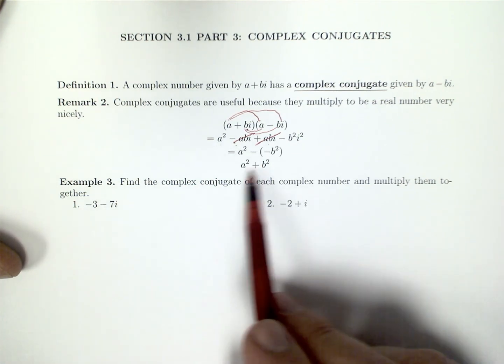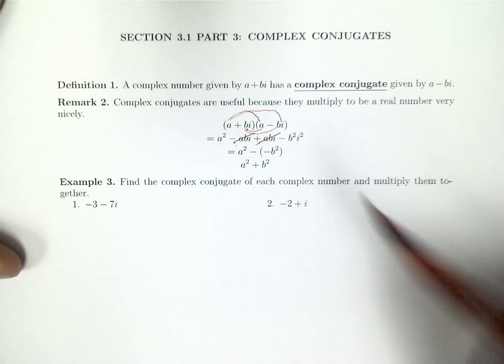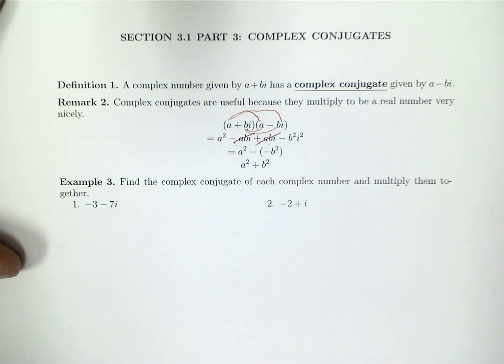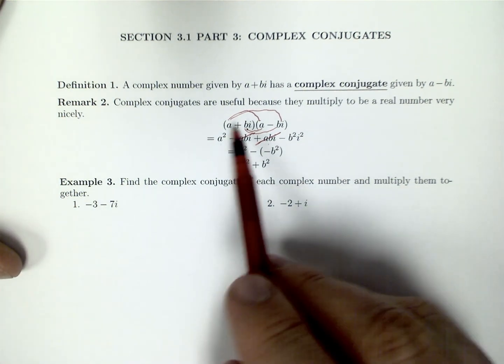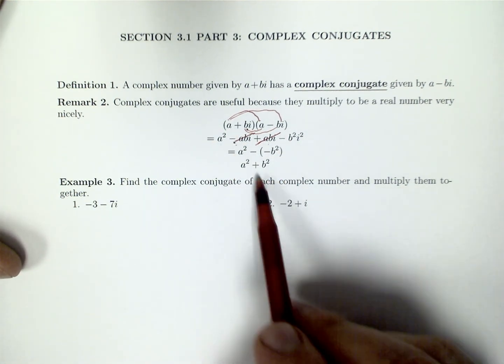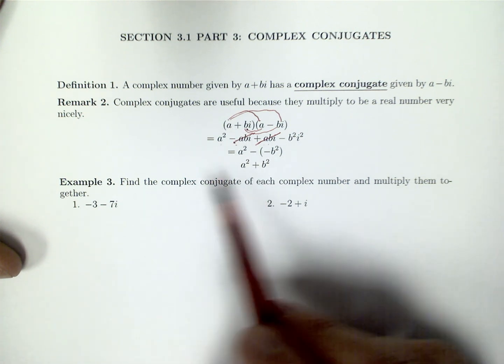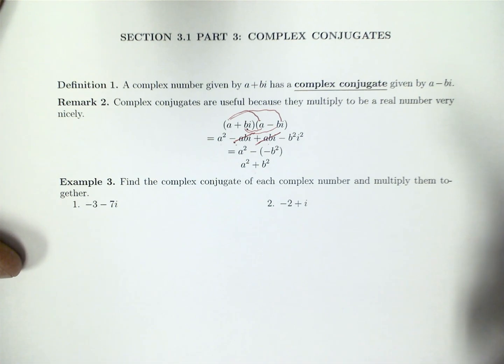And in fact, it's very nice. It's two real numbers being added, so it's positive as long as both of them aren't zero themselves. So we always get a nice real number out when you do this. And it simplifies to this, just basically the square of each term, the sum of the squares.